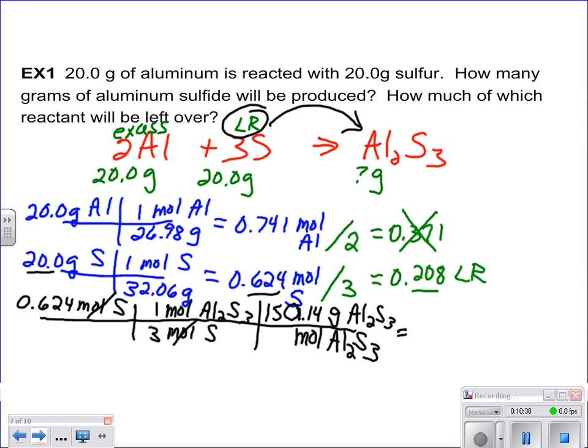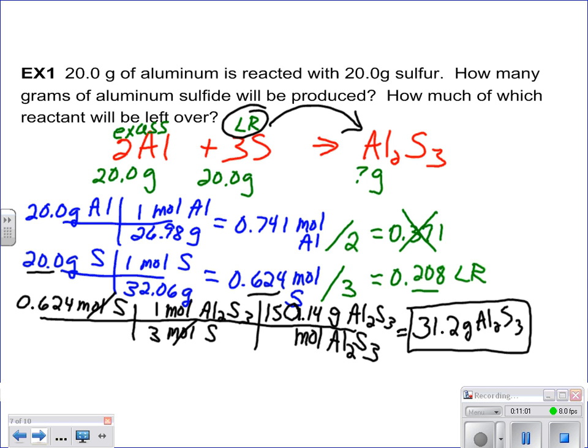We throw that into the calculator, and we get 31.2 grams of aluminum sulfide. We have just answered that first question. First question is, how many grams of aluminum sulfide will be produced?